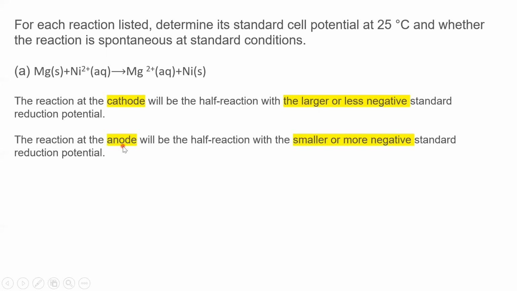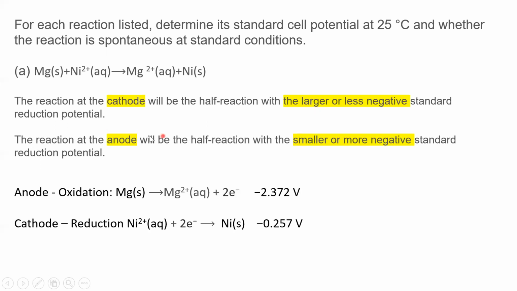And the reaction that takes place at the anode, which is the oxidation half reaction, would be the one that has the smaller reduction potential value on the table. So this is the information we get on the table. You would just look it up.